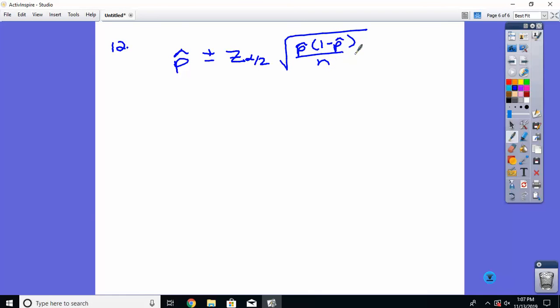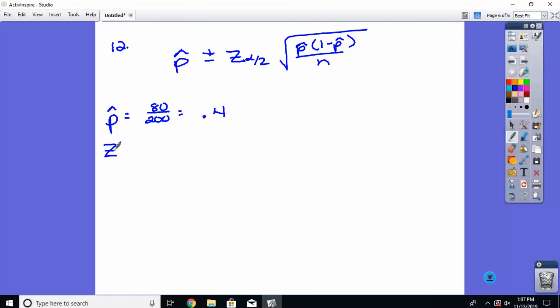We need all of our information to plug into there. P hat: if you're not sure, right above chapter 9, it tells you sample proportion, P hat equals x over n. So my x is 80, my n is 200. If I divide those, we get 0.4.